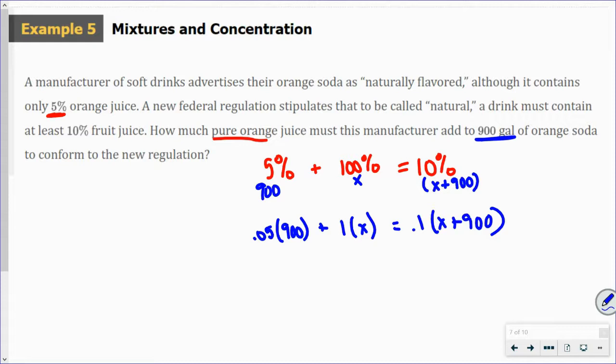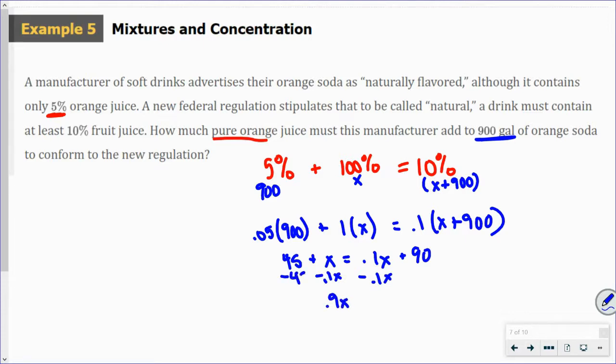Okay, and we distribute, combine like terms, and now we're just solving for X. So 0.05 times 900 is 45, plus X equals 0.1X plus 90. Okay, so we're going to subtract 0.1X. That's 0.9X.